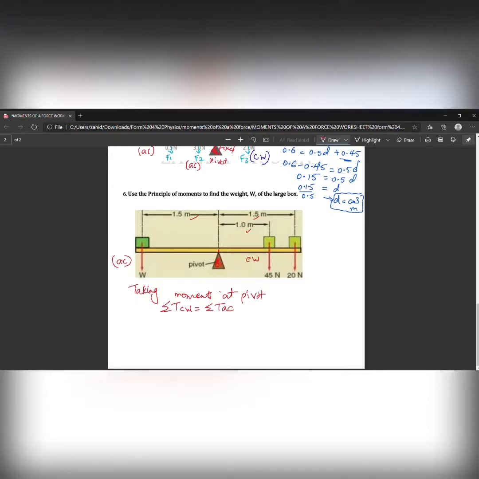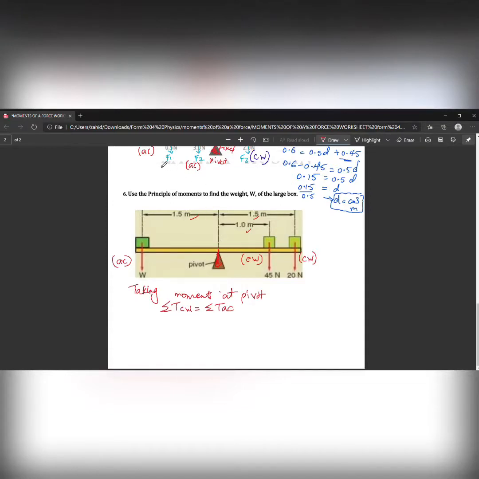And our 20 Newton force, ignoring all other forces, just to find our directions, our 20 Newton force acting downwards, with our pivot a fixed point. If we exaggerate that force acting downwards, it can possibly cause a tilt in a clockwise direction. Alright, so in this case we have two clockwise and one anti-clockwise moment.